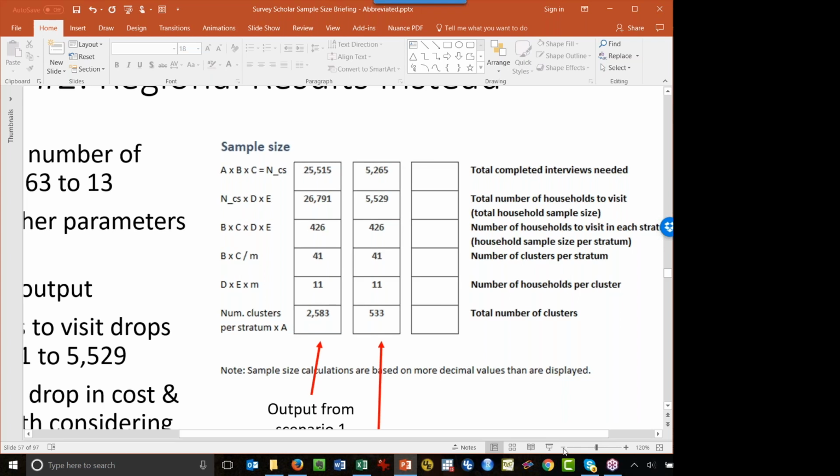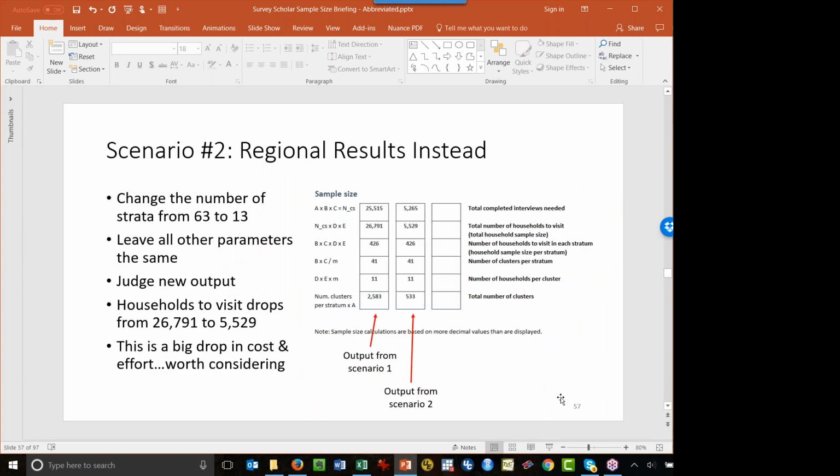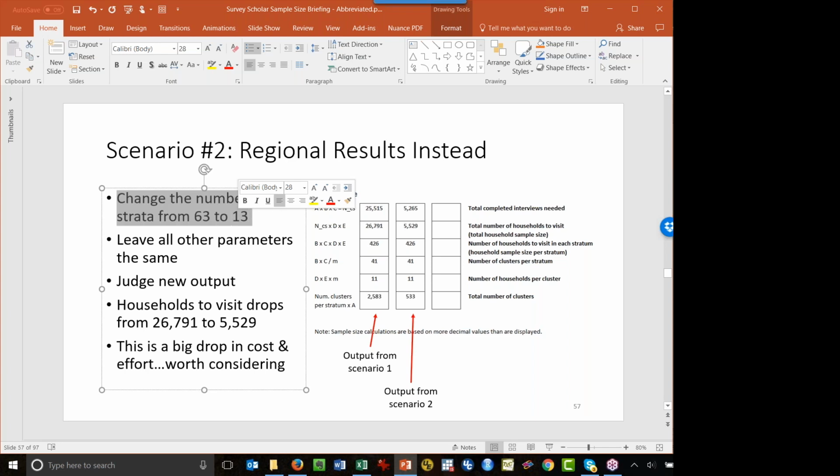So this is an example of possible compromise in the sample size, in the scope of the survey, but it means that rather than having 63 actionable responses in each district, you have 13 responses in each administrative region. You have some detail below the country level, but not as much as you might want.